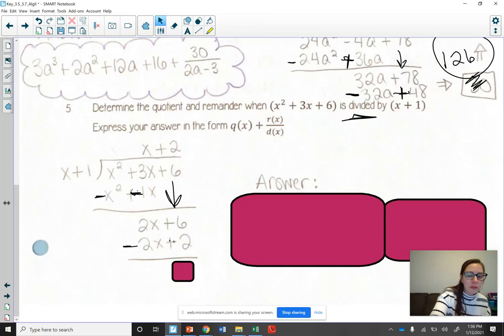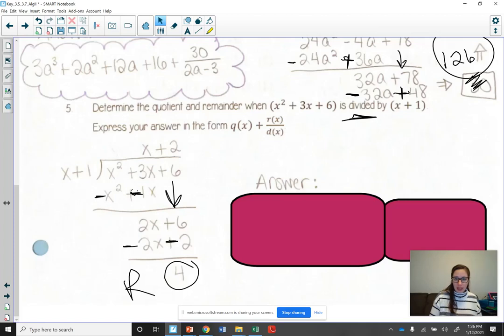Subtract, your remainder is 4. 4 cannot be divided by x, so it just stays your remainder, okay, your r of x. Now, it's not in terms of x, but it can be, okay? There are other problems where your remainder is still a polynomial, just not for our examples.